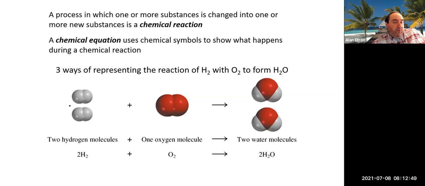The way that we represent these reactions is through chemical equations. Chemical equations use formulas and arrows to indicate what is reacting. Here we have two hydrogen molecules reacting with one oxygen molecule to make two water molecules.